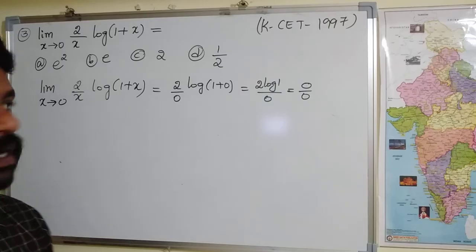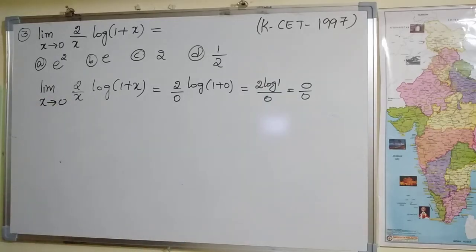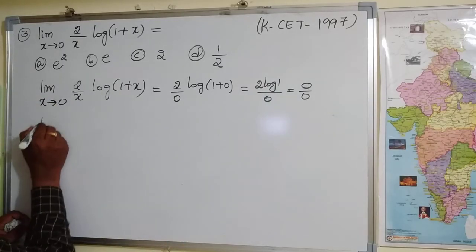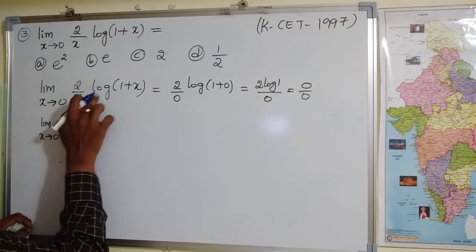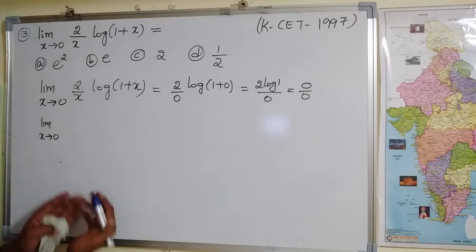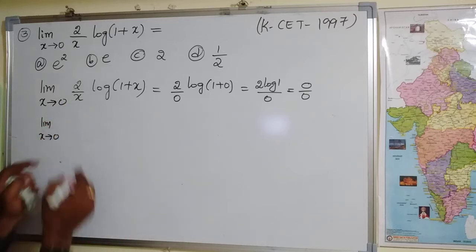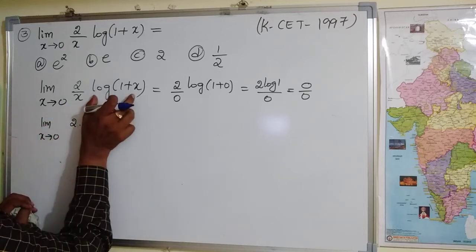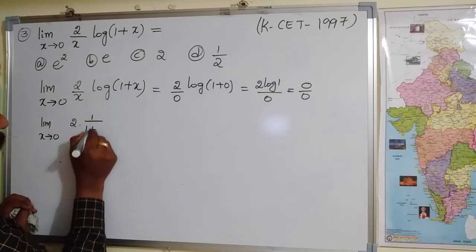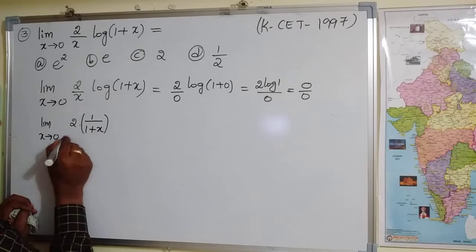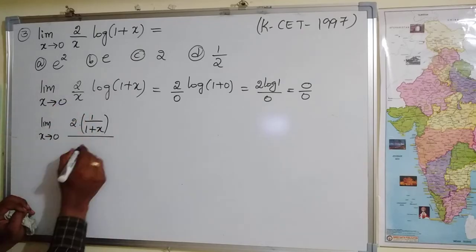We apply L'Hospital rule. See, here we apply L'Hospital rule, limit x tends to 0, derivative of numerator divided by derivative of denominator. 2 into derivative of numerator, log of 1 plus x is 1 divided by 1 plus x divided by derivative of x is 1.